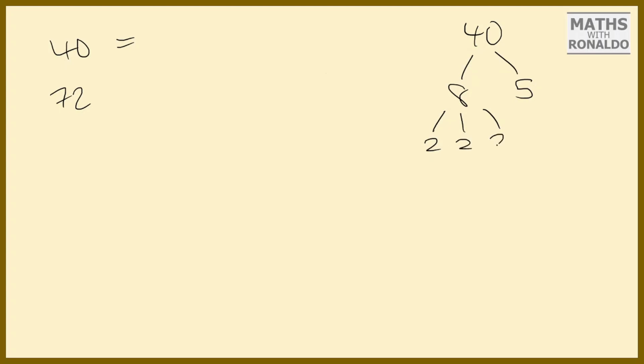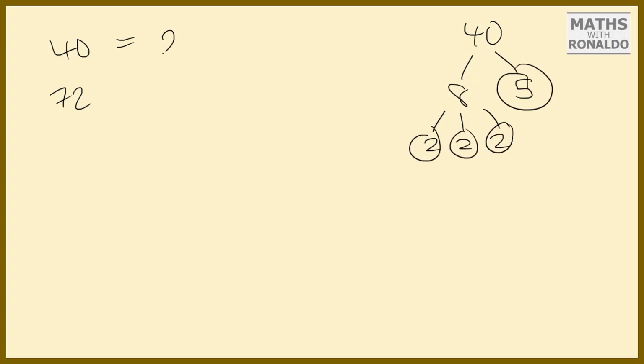However, if we have the two numbers, say 40 and 72, 40 is the same as 8 times 5, and 8 is the same as 2 times 2 times 2. Those are our prime factors.